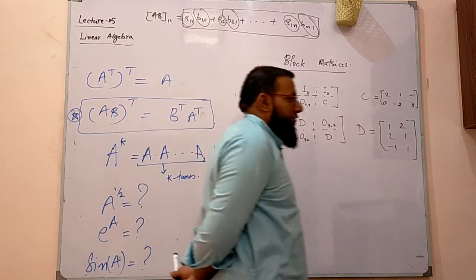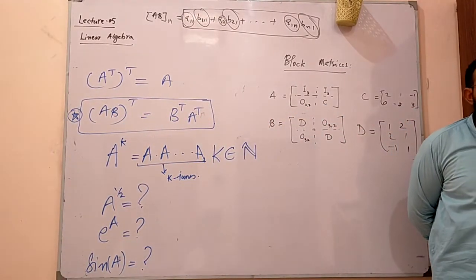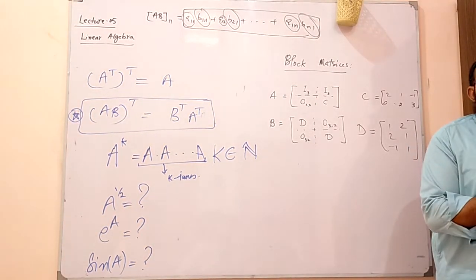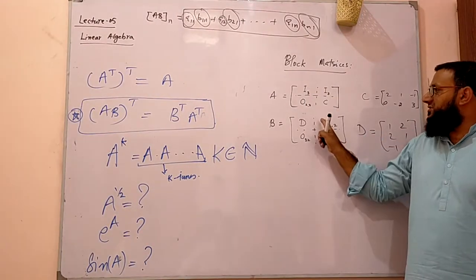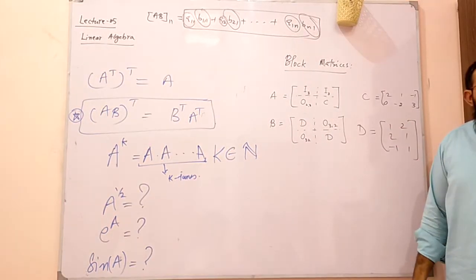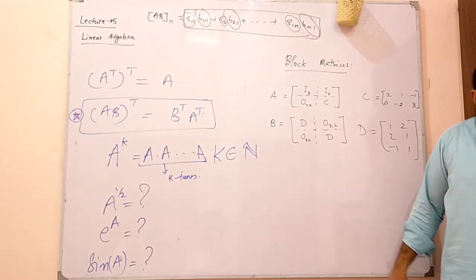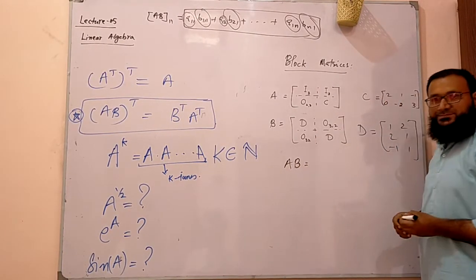The problem is the A matrix is very lengthy, and the B matrix is very lengthy. So we are going to write these matrices in simpler forms, and it is not possible for every matrix. Because in this matrix, when you make blocks, you exactly get null matrices and identity matrices. You can make blocks in every matrix, but those blocks will not help us. These blocks are helping us to find the product.